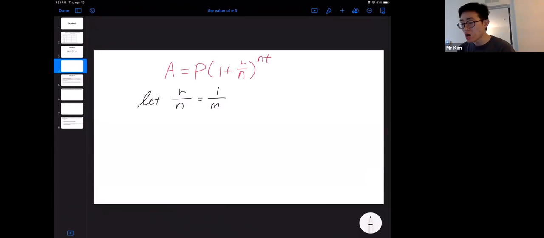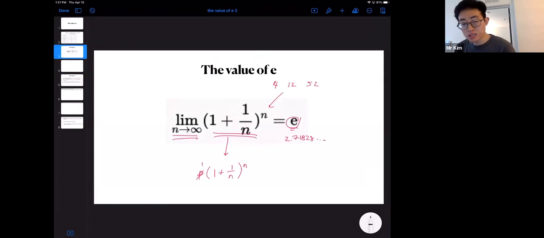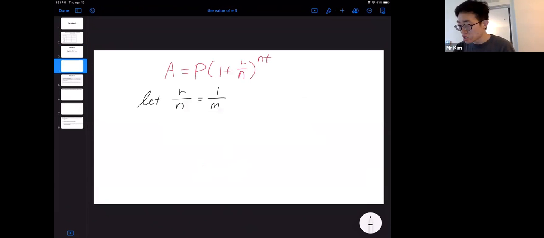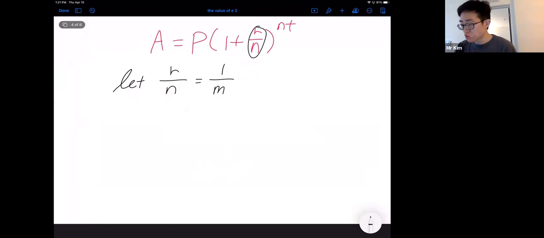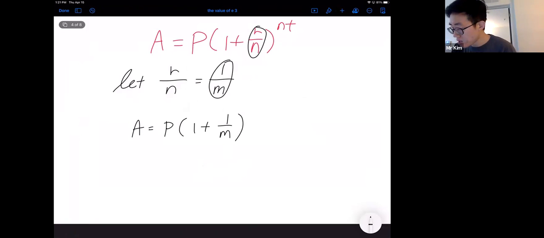Why do I want to do that? Because of the definition of the limit of e, as n approaches infinity, we want to have this right here, 1 plus 1 over n, or something that looks like that. So if I replace this with 1 over m, I get closer to utilizing e as part of our solution. A is equal to P times 1 plus 1 over m, I simply plug that in there and raise it to the power of n times t.